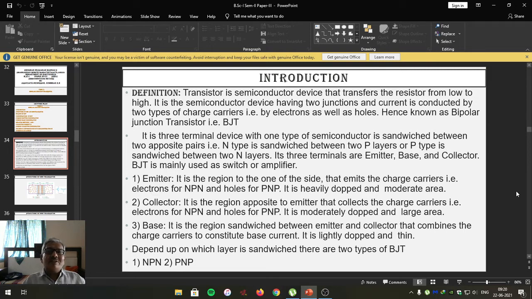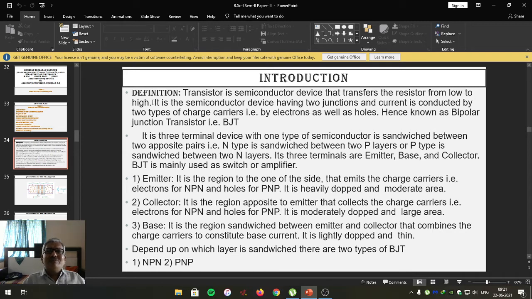Transistor, where there is a transfer of resistor that occurs. But as it is made up of the semiconducting material, it is called as a semiconductor device. That's why we can define transistor as a semiconductor device that transfers the resistor from low to high.